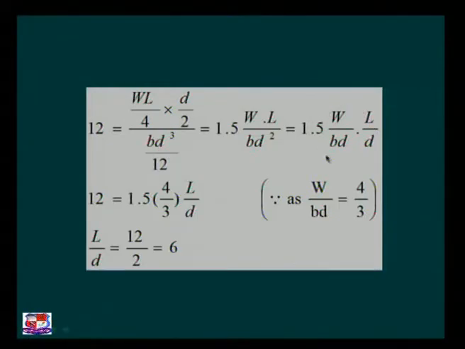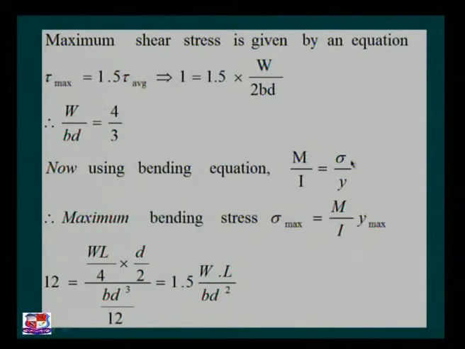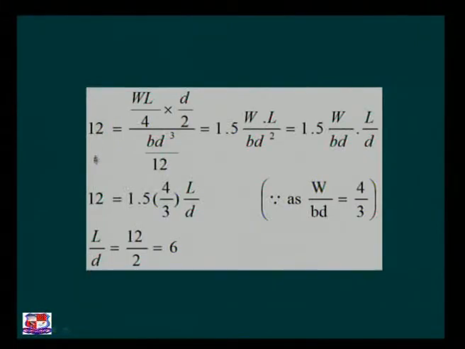Now W by BD that we have achieved from the previous case is 4 by 3. So if we replace this value over here, 12 is equal to 1.5 into W by BD, I will put the value as 4 by 3 into L by D, and we simplify all these things, we achieve L by D is equal to 12 by 2 is equal to 6.